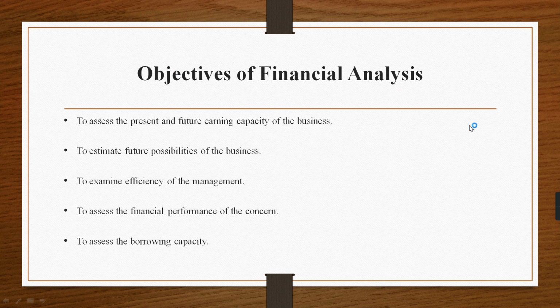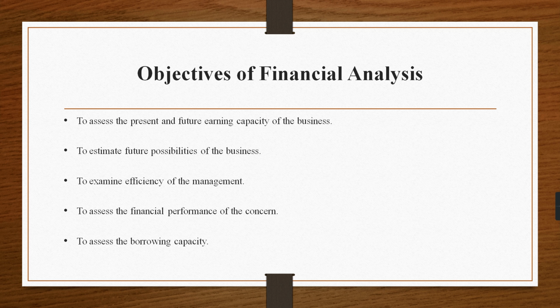Coming to the objectives of financial analysis, to assess the present and future earning capacity of the business. So by financial analysis and interpretation, we can assess the present and future earning capacity of the business.